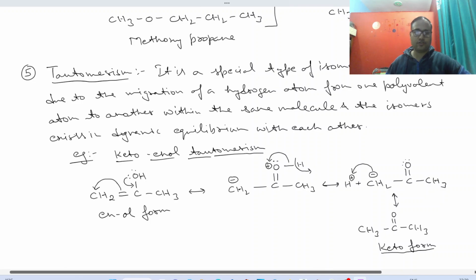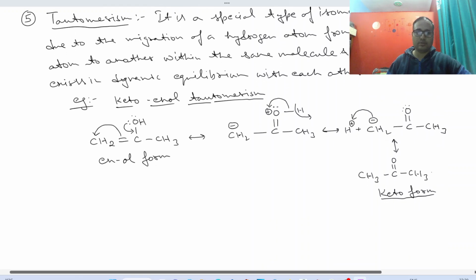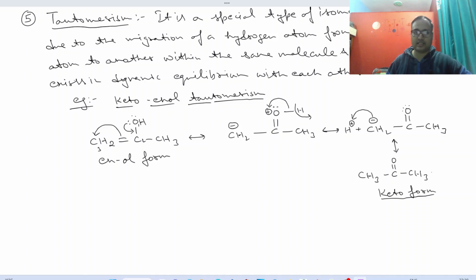So this enol form gets converted into this keto form by the migration of this hydrogen atom from atom 1 to the third atom. So it is also known as 1,3 migration or the triad system.